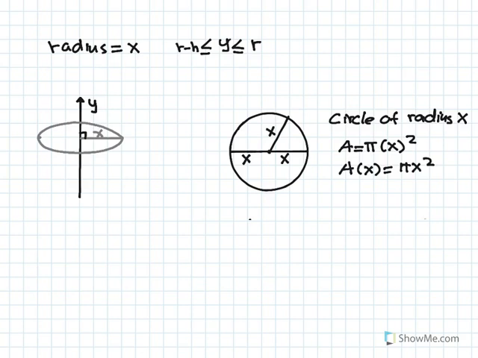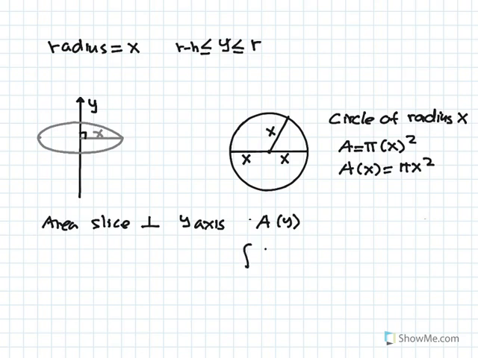So the key concept is that the area slice at height y is a circular disk with radius x, perpendicular to the y-axis. So we need to find the cross-sectional slice as a function of y, and add up these horizontal circular area slices in the direction of the y-axis.